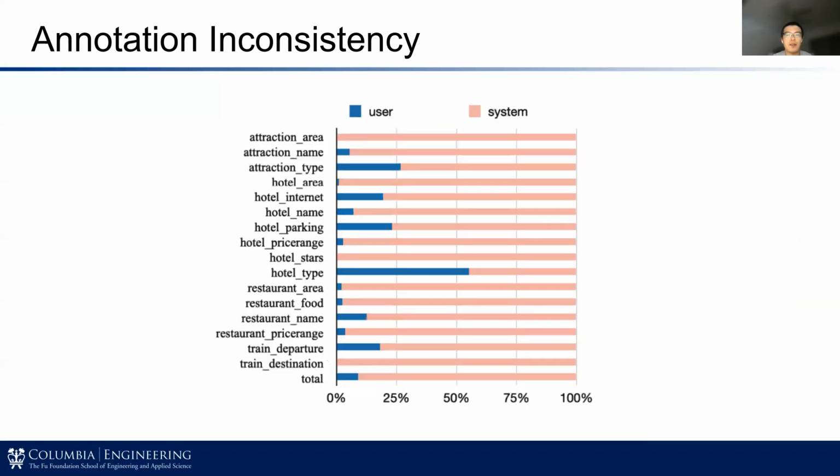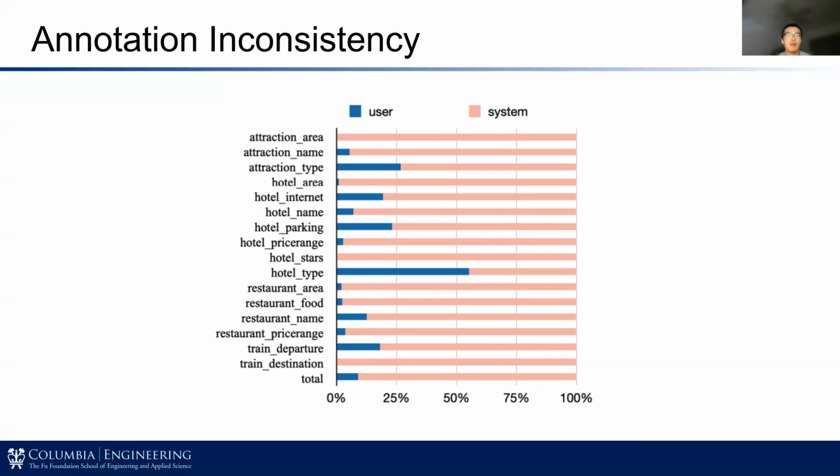One interesting thing is we count whether the newly added slots are extracted from the user utterance, like the dark blue bar here, or the system responses, marked with the light red in the graph. And you can find that the light red one takes the most part. So this means most newly added slots come from the system side.